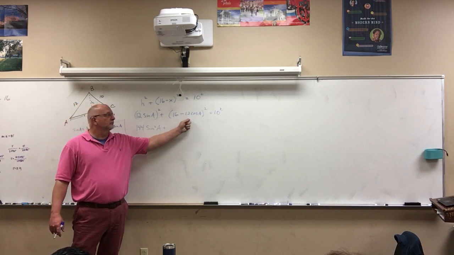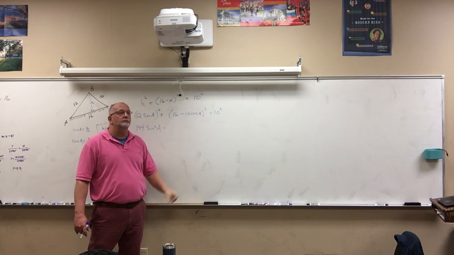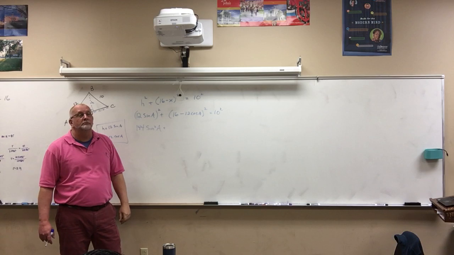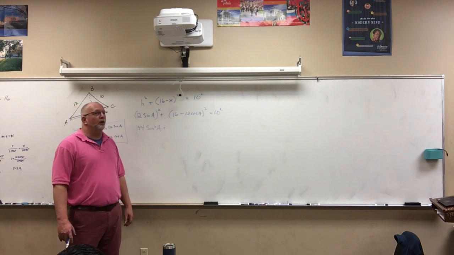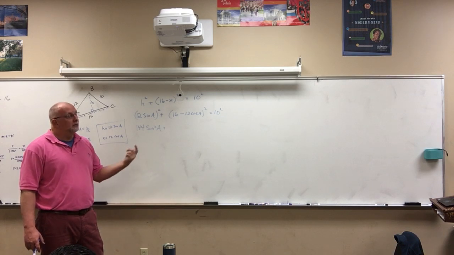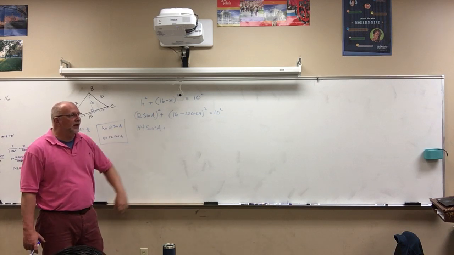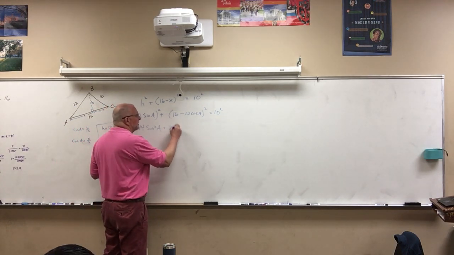Now this bit here, 16 minus 12 cosine A, squared. You have to foil that, so you're going to have a middle term. You can do it in your head or off to the side. This is going to be 256, which is 16 squared.